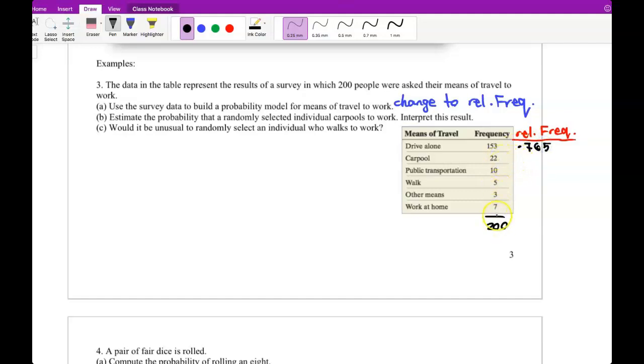Here 22 divided by 200 is 0.11. This one I have 0.025, 0.015, and finally 0.035. So this is what I got for part A.